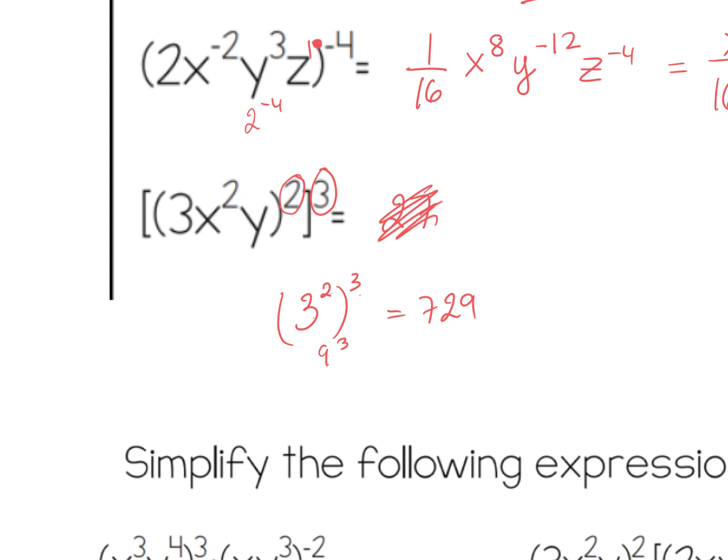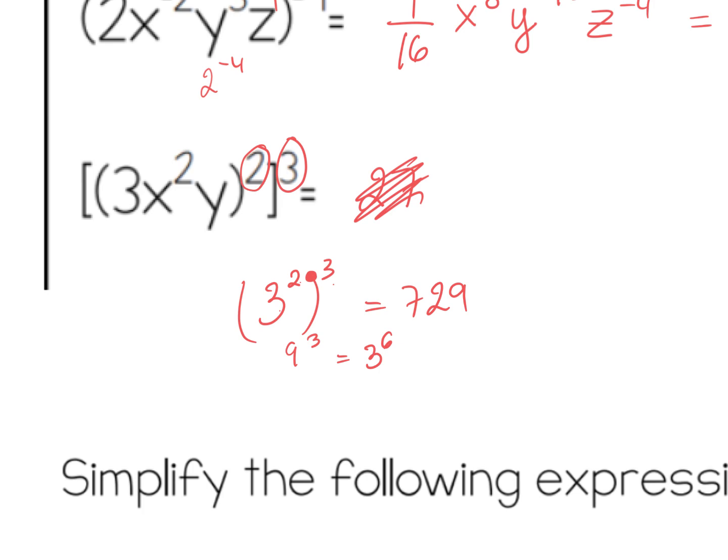But there's a faster way to think of it: you take the 2 and multiply it with the 3. So you can think of 9 to the power of 3 as the same as 3 to the power of 6. All right, and 3 to the power of 6 is the same as 729.